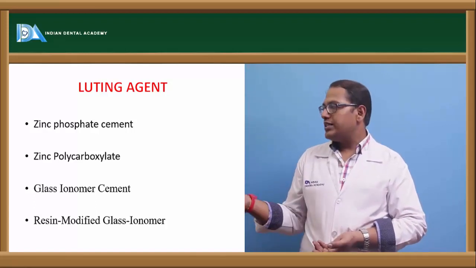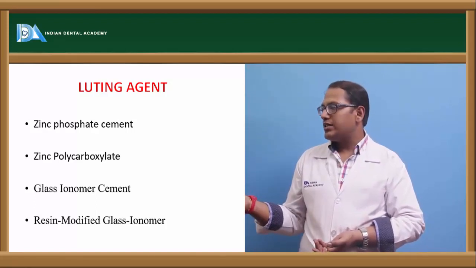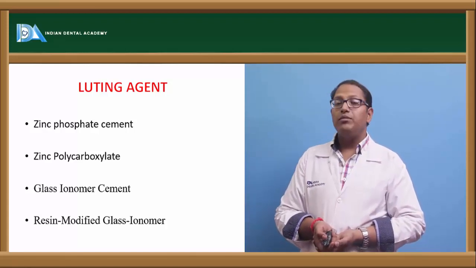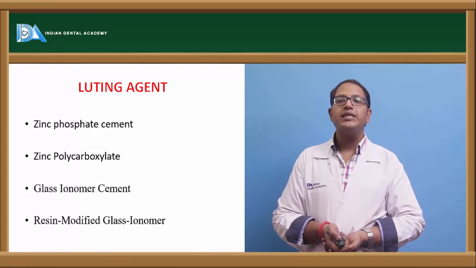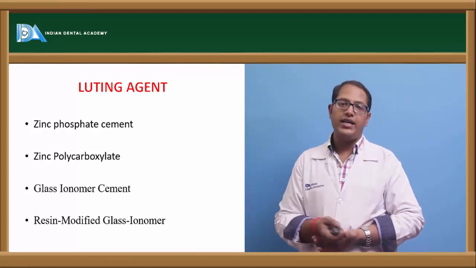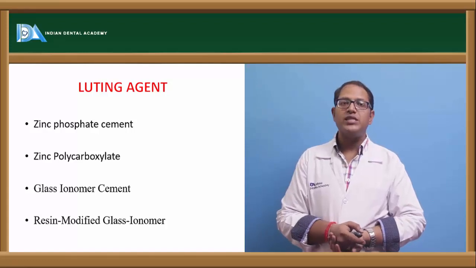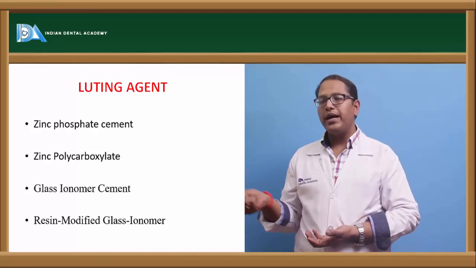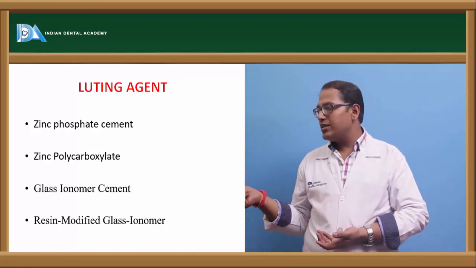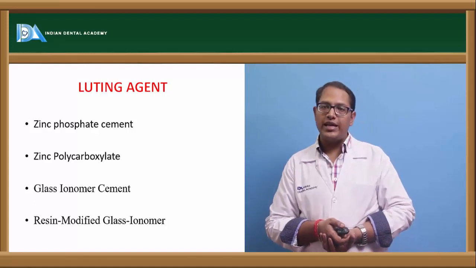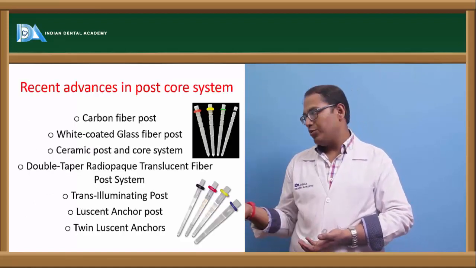Out of which the zinc phosphate, zinc polycarboxylate and GIC are very strong cements. Nowadays, they say if you are using a carbon post, you are supposed to use a resin modified glass ionomer cement for cementation of the post. Whereas in earlier days when we were using metal posts, even normal glass ionomer cement or zinc polycarboxylate gave very good retention or cementation of the post.